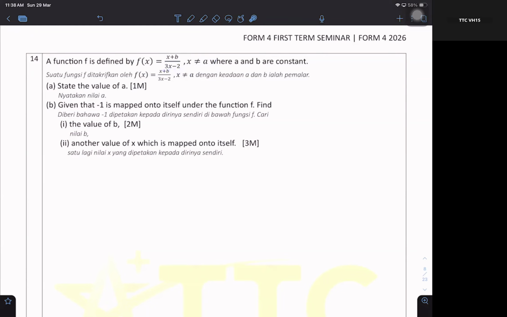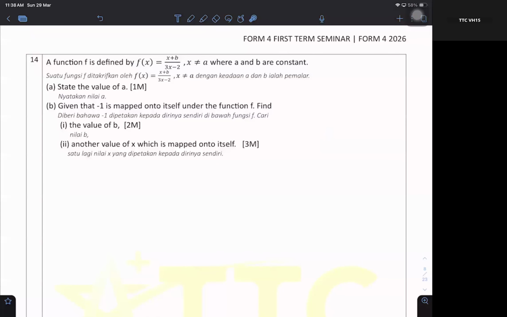No, no, no. It's not a equals zero. No, no, you think like this. You see, if x is a, almost, you think x cannot equal a because if x is a, the bottom will be zero.